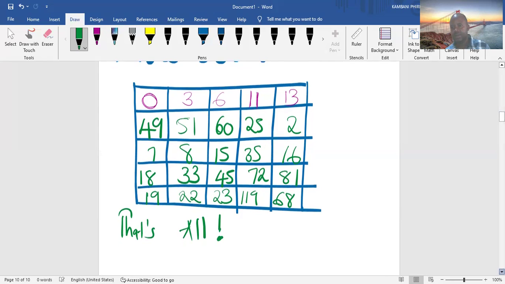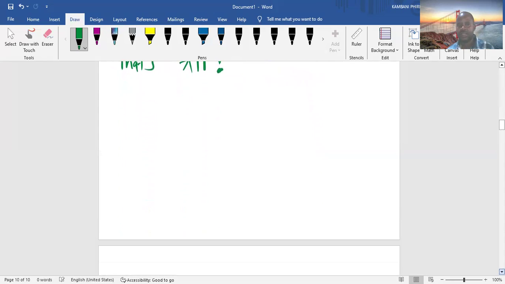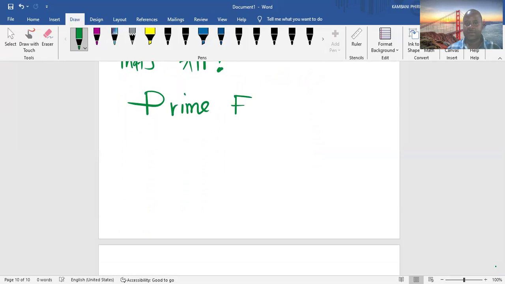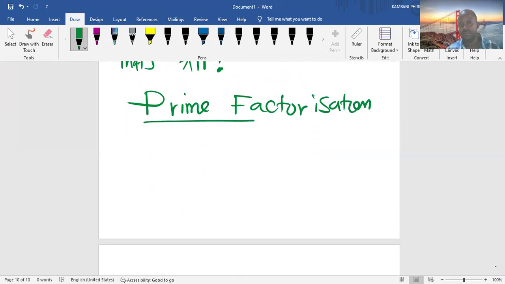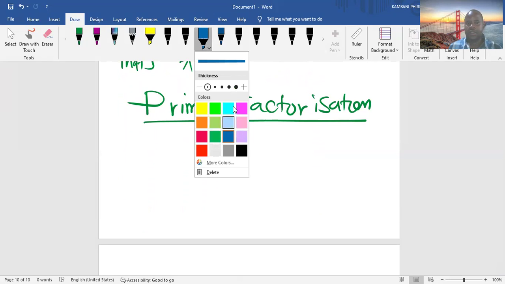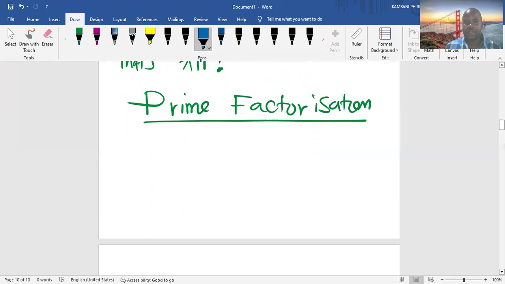And that's composite numbers. Now we move to the next aspect, which is prime factorization. Now, I'll start with an activity.